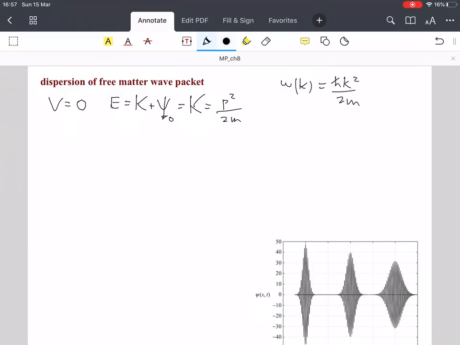Now, what you'll see in the coursework is that when you look at the wave function, psi, for this wave that's propagating freely, meaning that it doesn't experience potential energy, when you plug it in here, you now need this omega term, which is dependent on k.